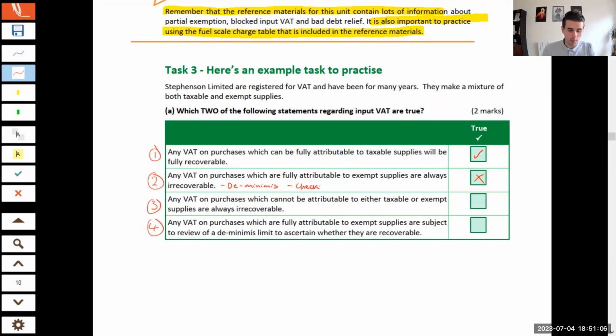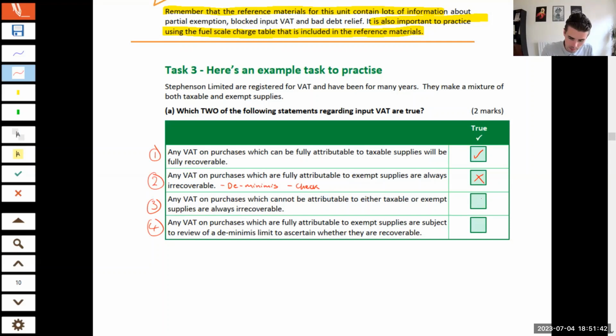Now, statement number three is saying that any VAT on purchases which cannot be attributable to either taxable or exempt supplies is always irrecoverable. No, that's not true. If you've got the course notes in front of you, when you've got that little flow chart, it says fully attributable to taxable, unattributable, exempt. If we have something that we can't say is one or the other, what we can do is simply proportion it.